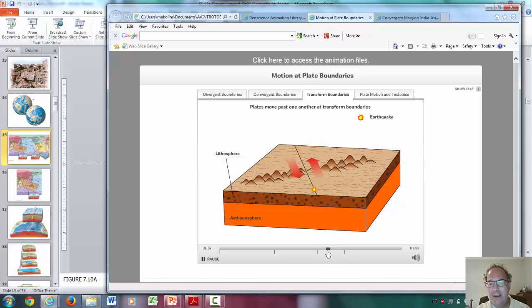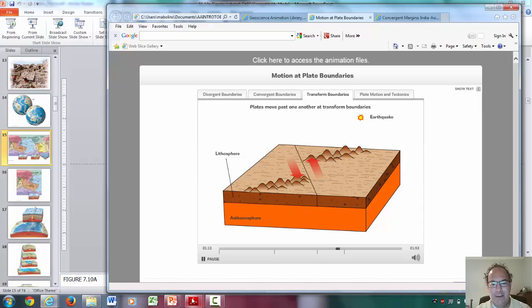You do have volcanic activity at divergent plate boundaries. You have volcanic activity near subduction zones. There's little to no volcanic activity along transform plate boundaries. They are almost completely devoid of volcanic activity.